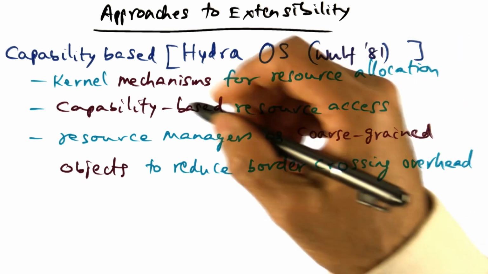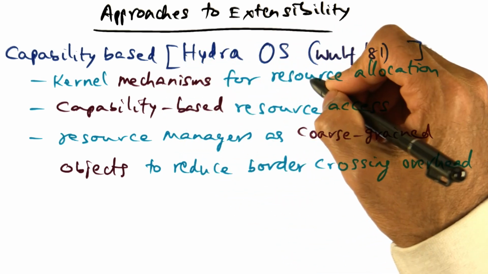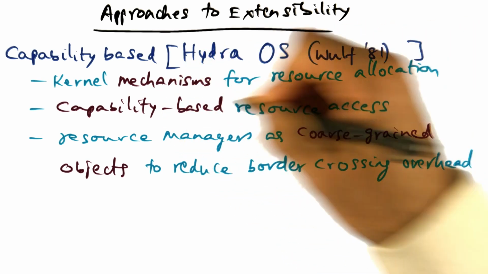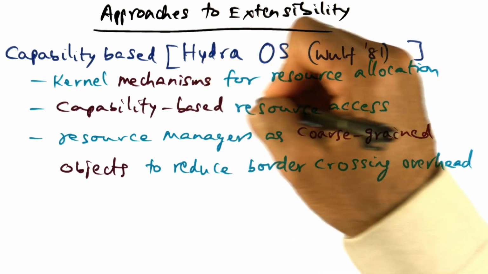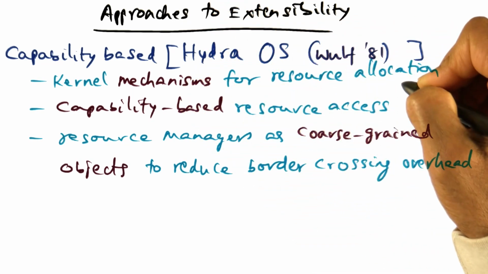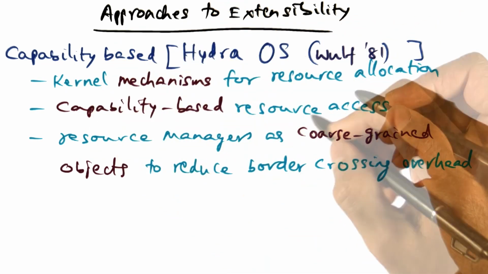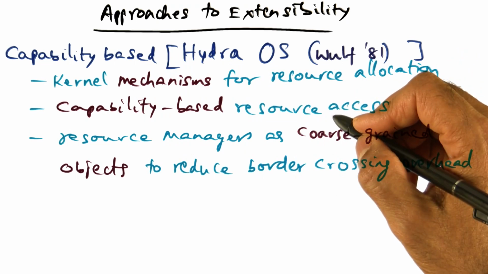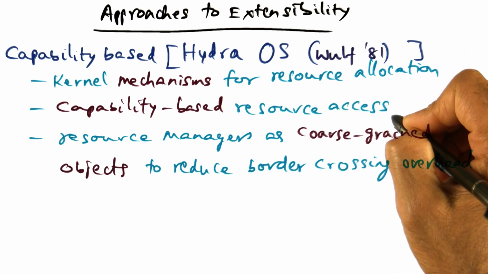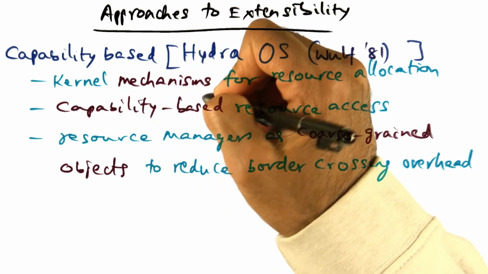The Hydra operating system provided kernel mechanisms for resource allocation. The key word is mechanisms, not policies, just mechanisms for resource allocation in the kernel. And it had a way of providing access to resources using a capability-based approach.